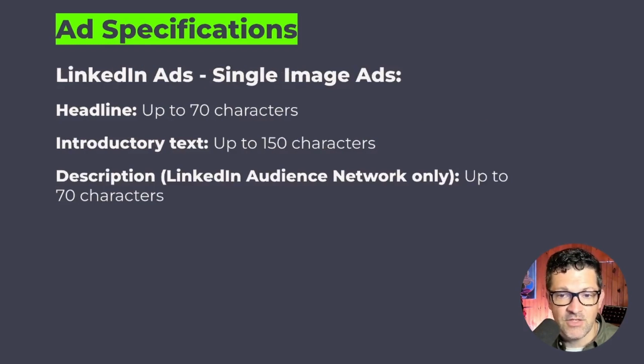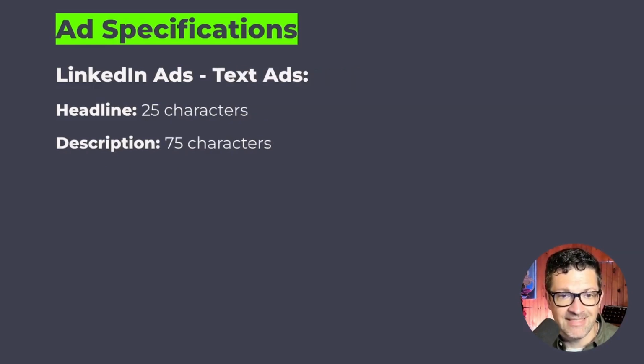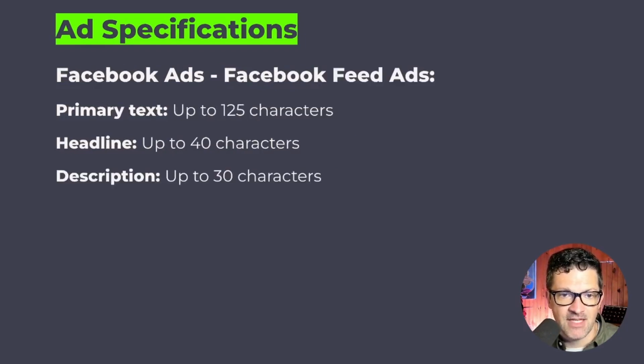LinkedIn ads, this is the one we just went through. If you wanted to do your audience network, you can have a little bit of a different description there. But I think most people are doing the headline in the introductory as well as an image. And this is for LinkedIn text ads. So without the image, this is a shorter headline, shorter description there. Those are the ad specifications there.